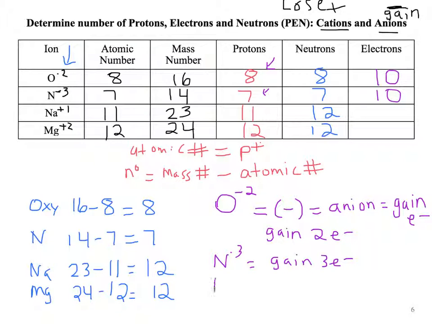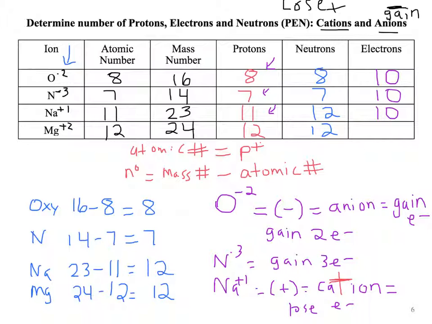If we look at sodium plus 1, that means it's a positive charge, so it's a cation. And look at this. Cation, you can remember, is because it's a big plus sign in between. That T looks like a plus sign, so it's a cation with a positive charge. So if it's a cation, then it's going to lose electrons. So sodium, because it's plus 1, it's going to lose 1. So it's going to be 10.